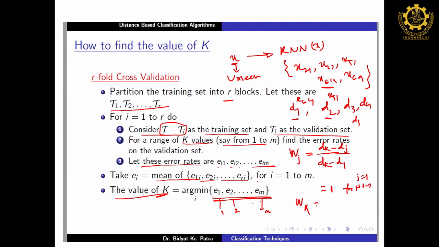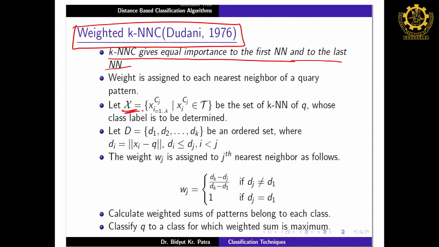So, here is the algorithm. Let x be the set of KNN of the query point q whose class label is to be determined. Now, you compute the distances d 1, d 2, to d k as an ordered set, where d i is the distance from the unseen object to each neighbor x i, where x i belongs to x.